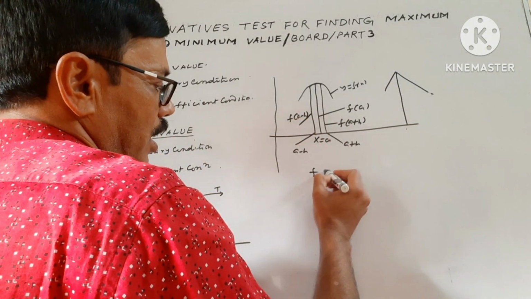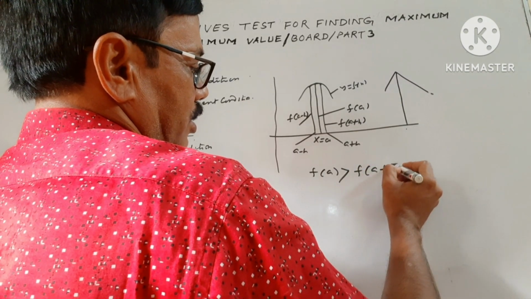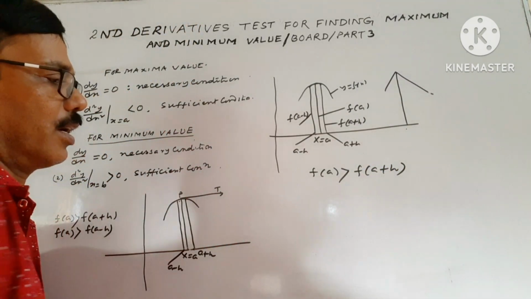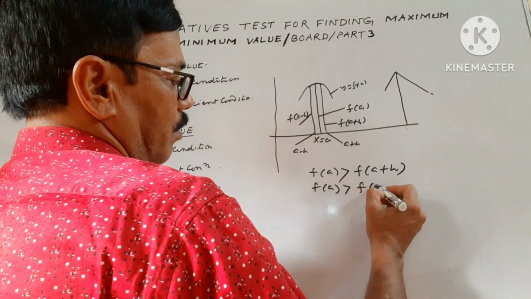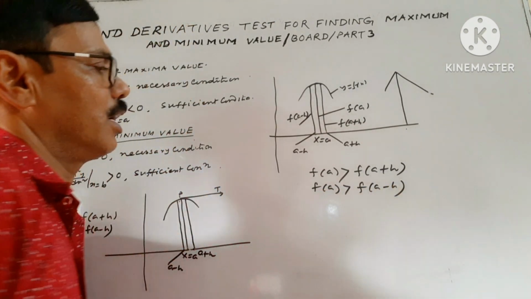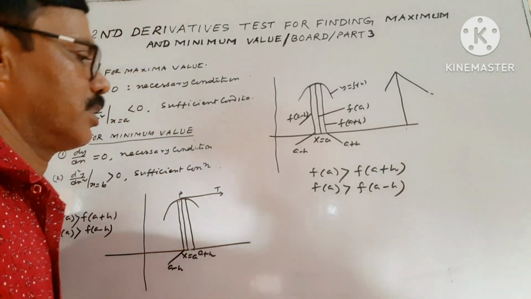So, f(a) is greatest. f(a) is greater than f(a plus h), and also greater than f(a minus h). In neighborhood of a, f(a) is maximum.